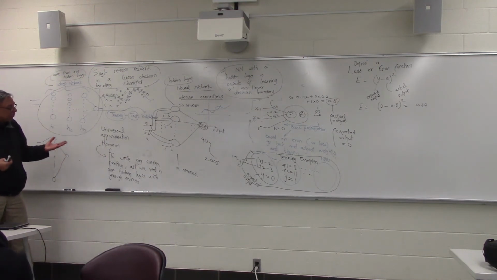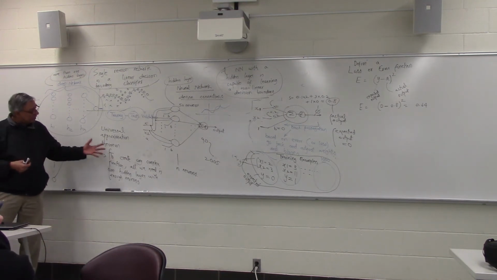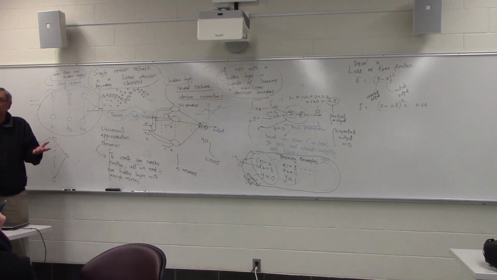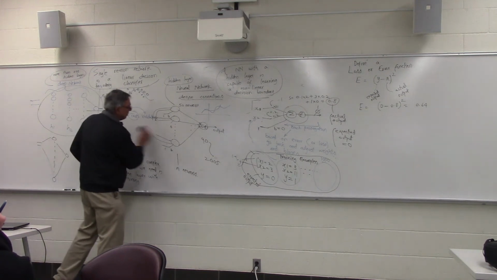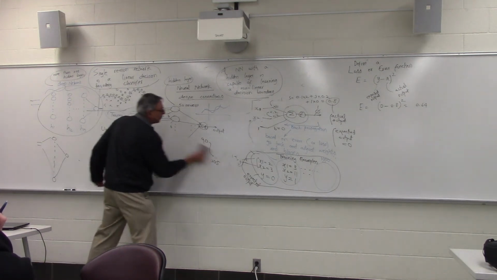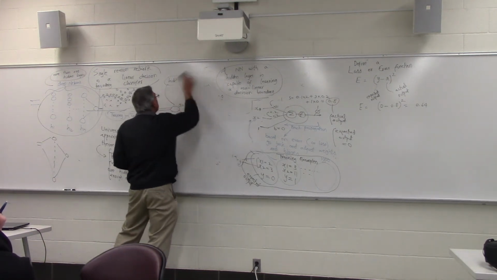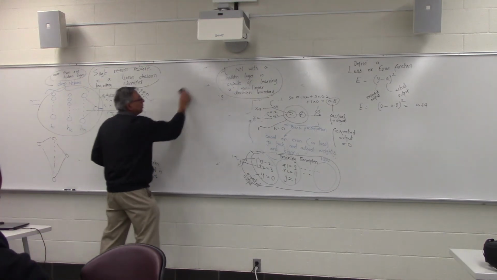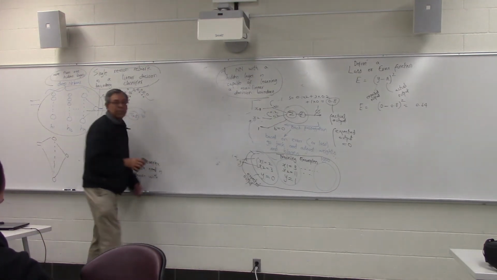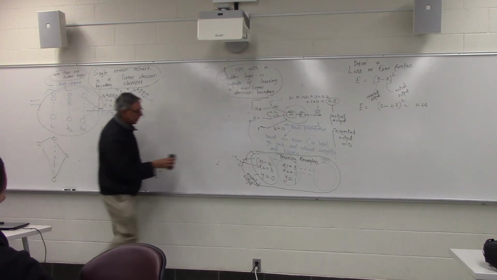So you might say, how is it possible? You know, the theorem says a single network is good enough. Why do we need, right? So very briefly, let me give you the idea. And then I will give you the overview of what kind of things we'll be doing in our course.